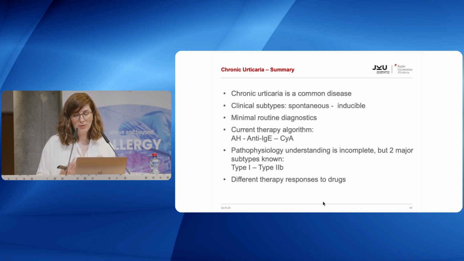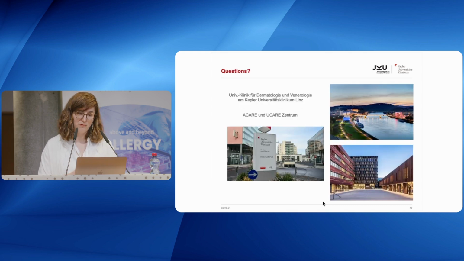And the more drugs we have, it might get even more interesting that we know beforehand what type the patient has, so we can have a more individualized therapy regimen for this patient. And with that, I thank you for your attention, and I'm happy if you have any questions.